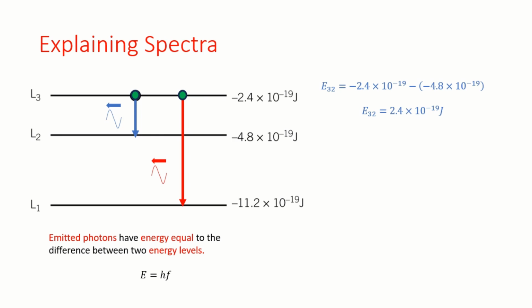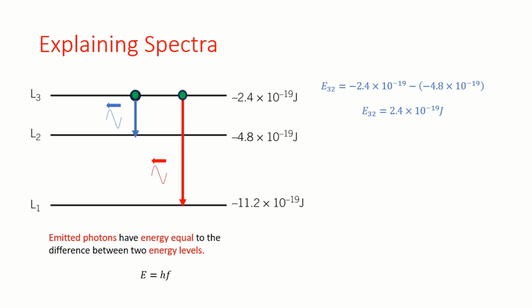We take our first energy, take away the second energy, and we end up with an energy of 2.4 times 10 to the minus 19 joules. So what that means is that the photon which is given out, that blue photon you can see on the screen, is carrying 2.4 times 10 to the minus 19 joules.